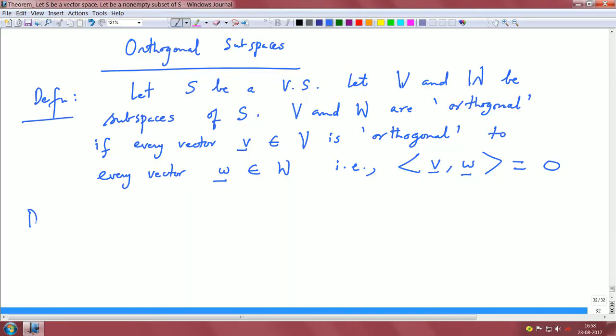And there is also another definition for orthogonal complement.